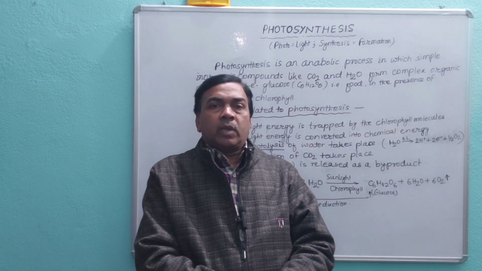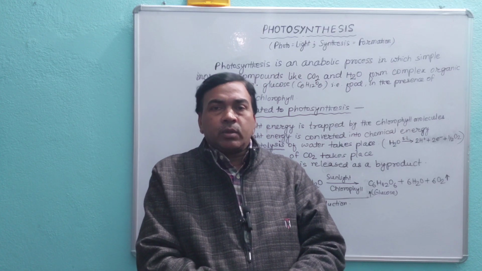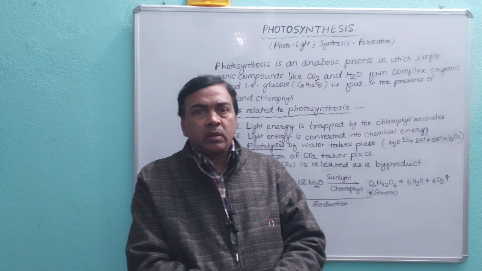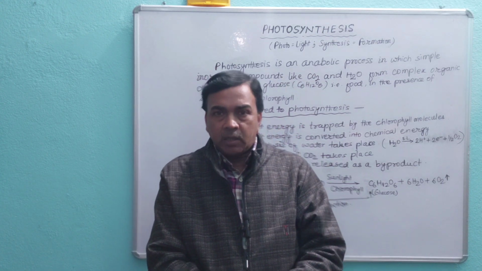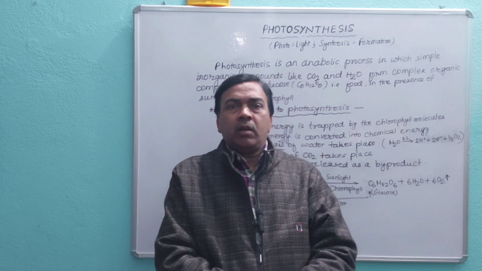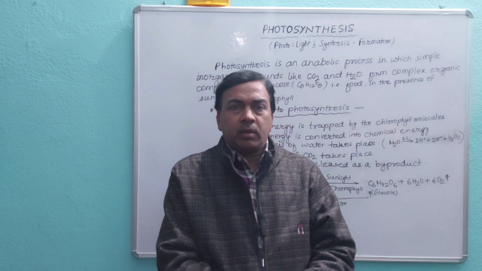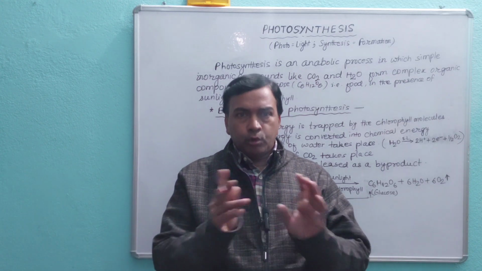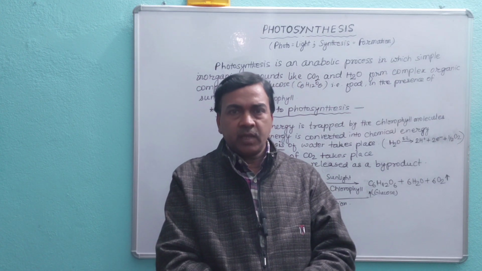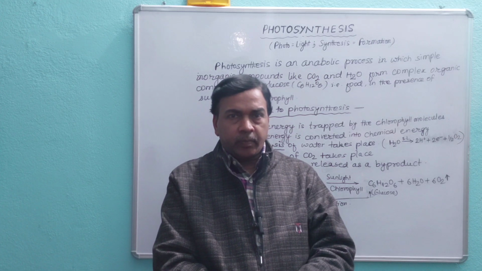Now, how many phases of photosynthesis are there? This topic will be described in 11th in detail, but here we shall describe it in brief. Photosynthesis is divided into two phases: light phase and dark phase.